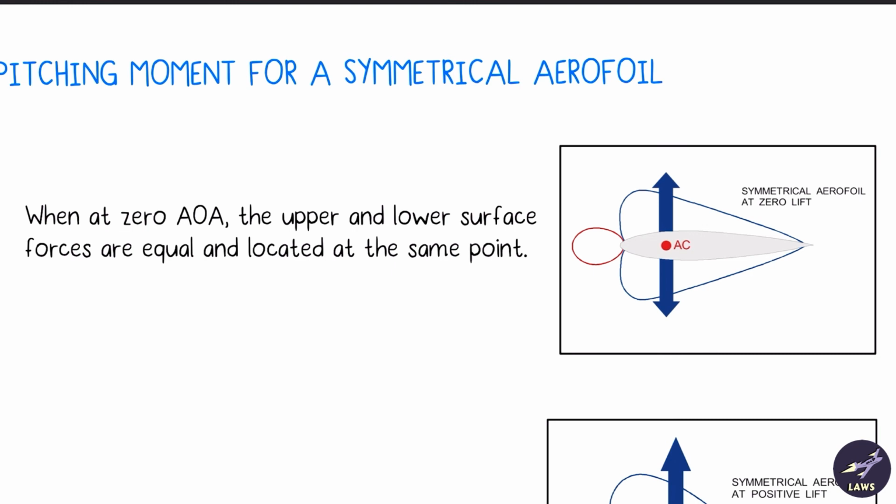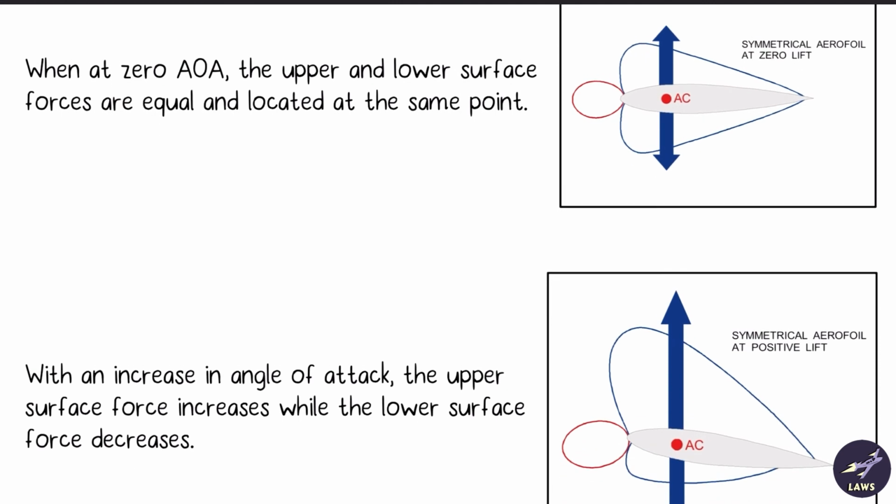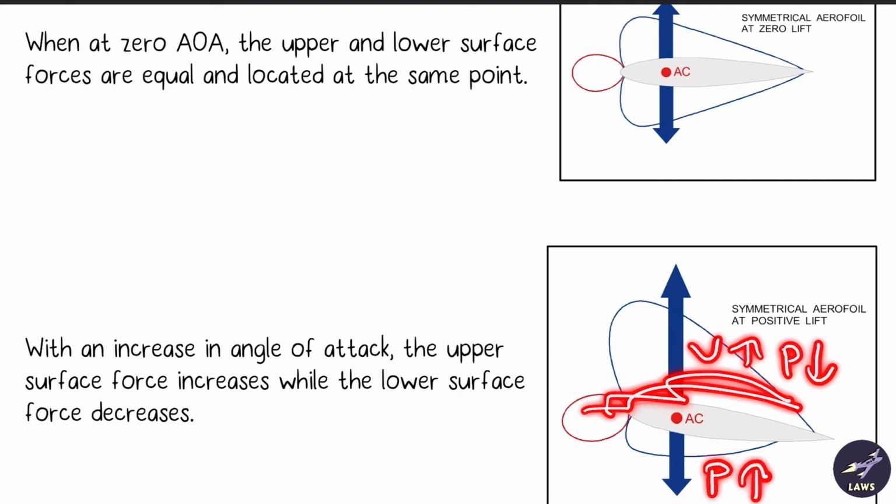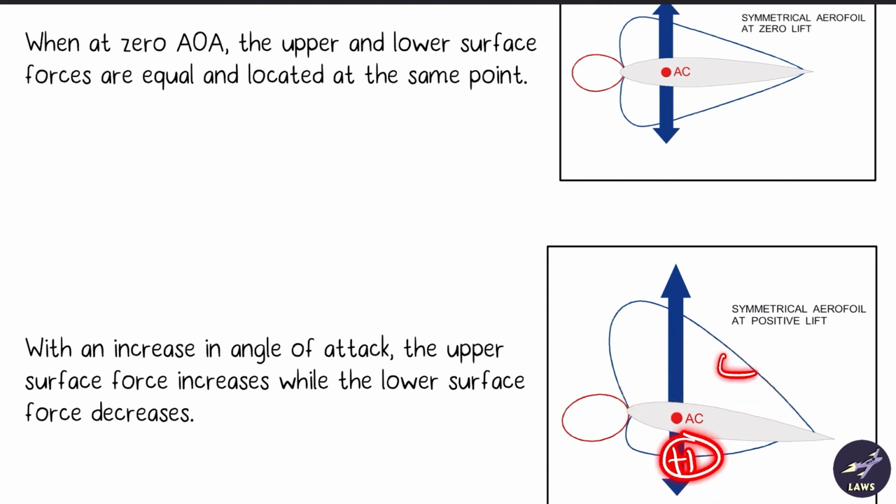The pressure is the same both above and below, so you'll get the same forces both above and below. With an increase in angle of attack, the upper surface force increases while the lower surface force decreases, because air is accelerating over here. As velocity increases, pressure reduces. Pressure is comparatively greater here. So again, a high to low differential exists and you get a force here.